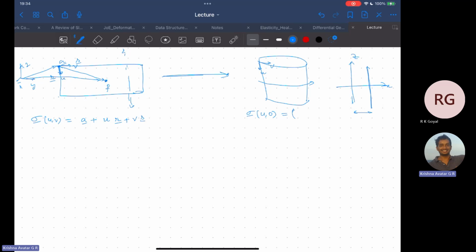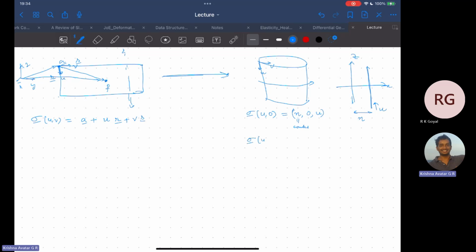Let's call it say n, right? So the coordinate is always n and then 0 comma u, right? Because the distance along this is the u direction, along which u varies, this n, 0 comma u. So this is constant.